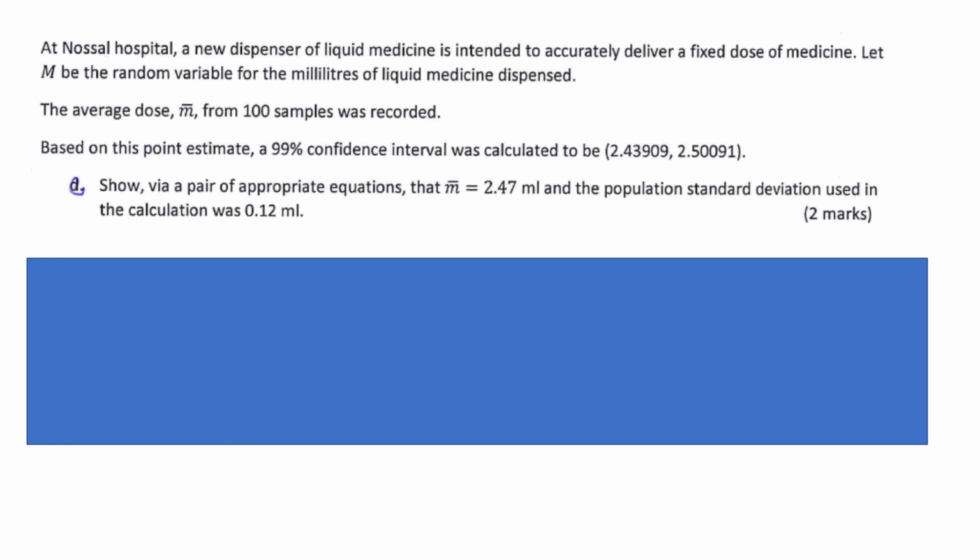Now 100 such doses were recorded, and from this we created a 99% confidence interval, and it was calculated to be greater than 2.43909 and less than 2.50091. Show via a pair of appropriate equations that the sample estimate was indeed 2.47 mL, and the population standard deviation that we used in the calculation of this 99% confidence interval was 0.12 mL.